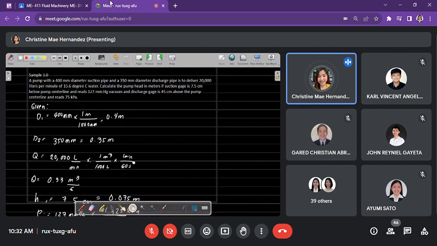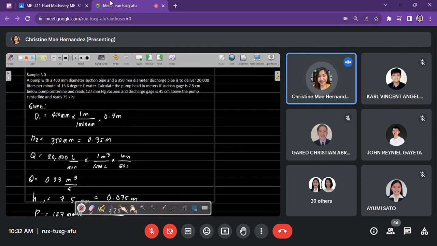A pump with a diameter of suction pipe. Unahin na natin ang suction pipe. Meron daw tayo center line, laging uunahin yung center line or yung ating ground level. So, siya daw ay, calculate the pump head if the suction gauge is 7.5 cm below the pump center line.